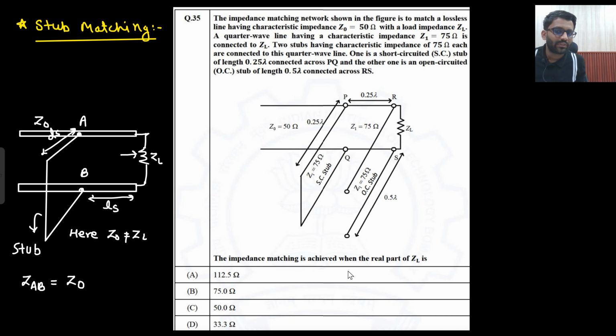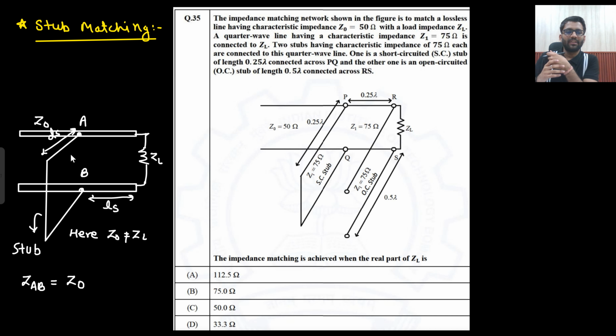What power will be transferred to ZL, I don't know, but that I know. So for that I introduce a stub at LS distance from the load. ZAB will come out because of the stub and this much length of transmission line, and that impedance I will make equal to Z naught. So accordingly I need to decide the lengths LS and DS. Is that clear to you?